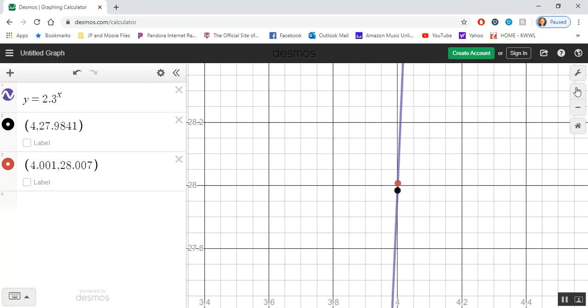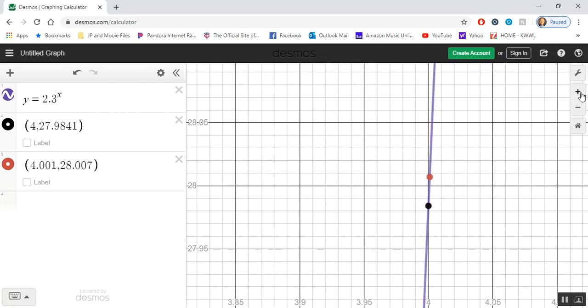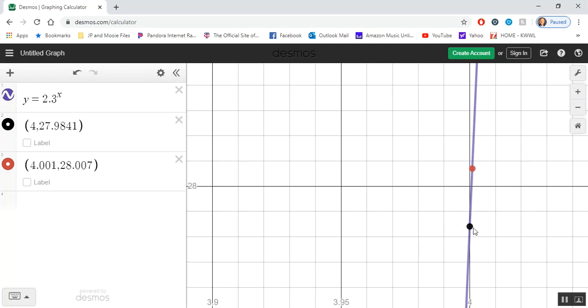Something that's curved or something that's straight? Straight line, okay? And we just pick some points there. We know that this is 4 comma whatever. I picked that other one up here to be 4.001 comma 28.007. We just found the slope between those 2 points, okay? Again, keep in mind from 4 to 4.001, that's like a limit as our change in x approaches what value?